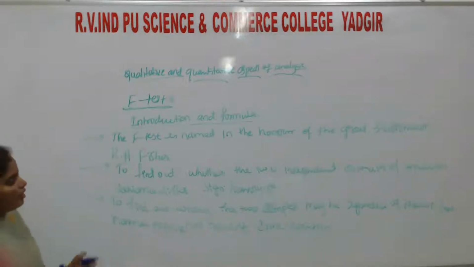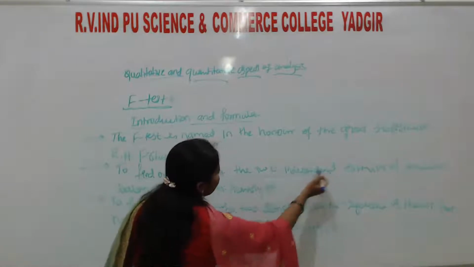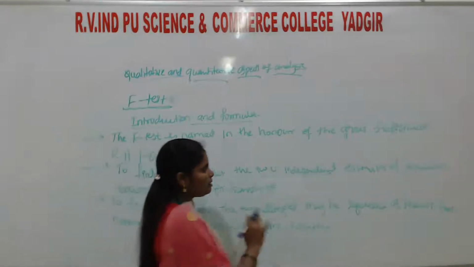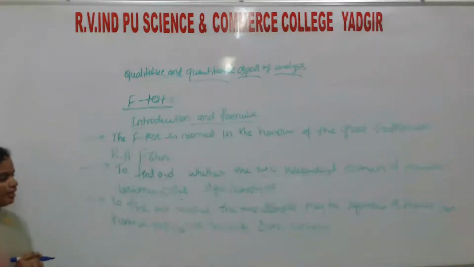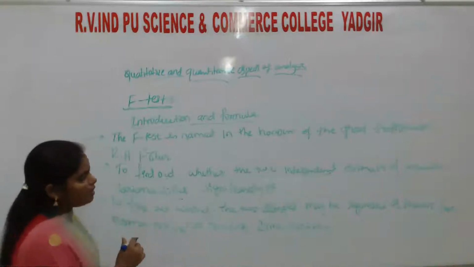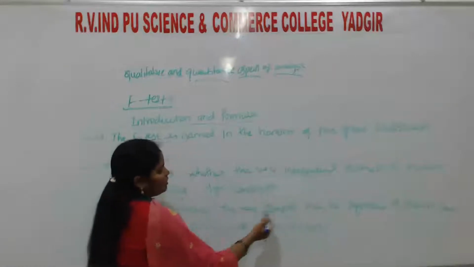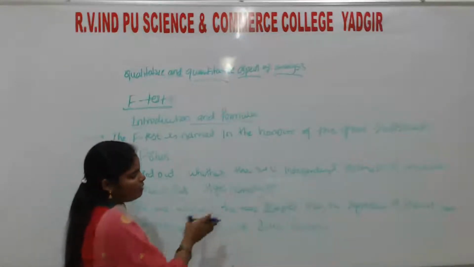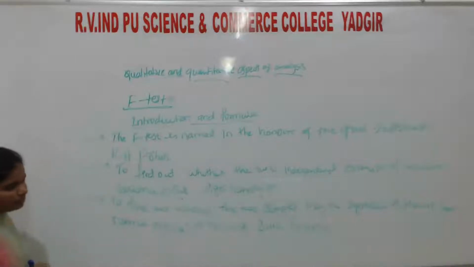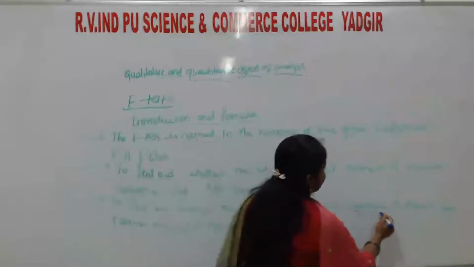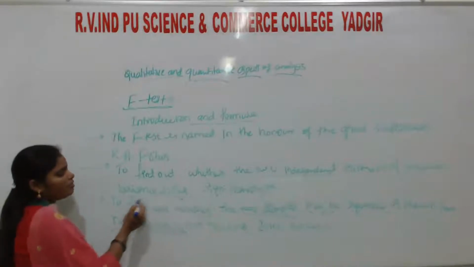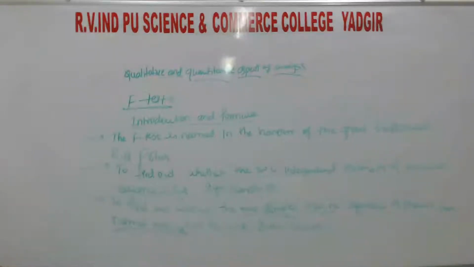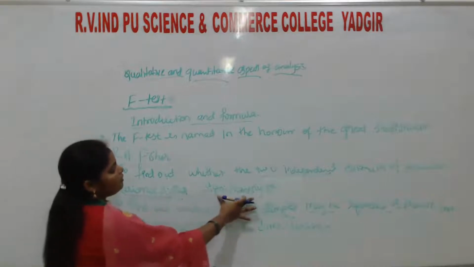Here, the F test is to find out whether the two independent estimates of populations, not dependent, have variances that differ in a significant way, or whether the two samples may be regarded as drawn from normal populations having the same variance, or whether the variances differ significantly.